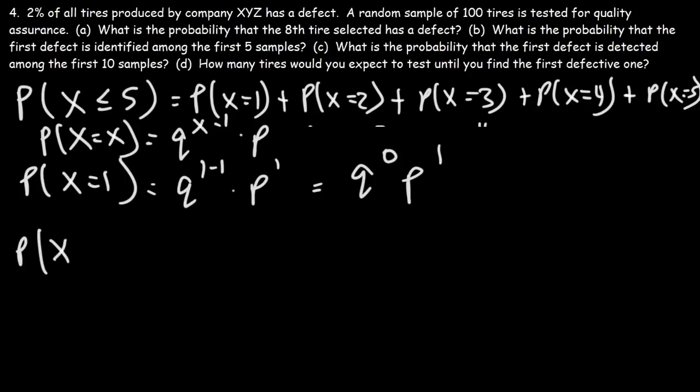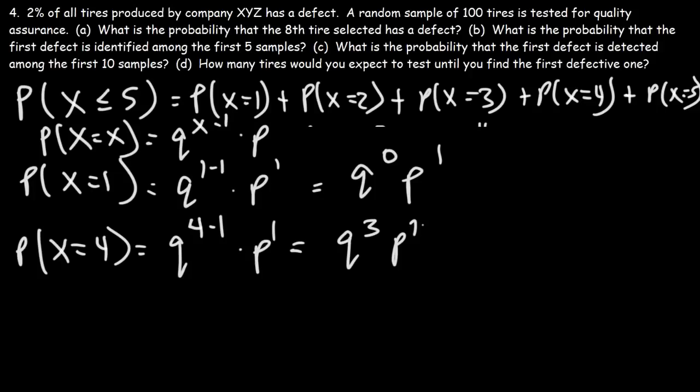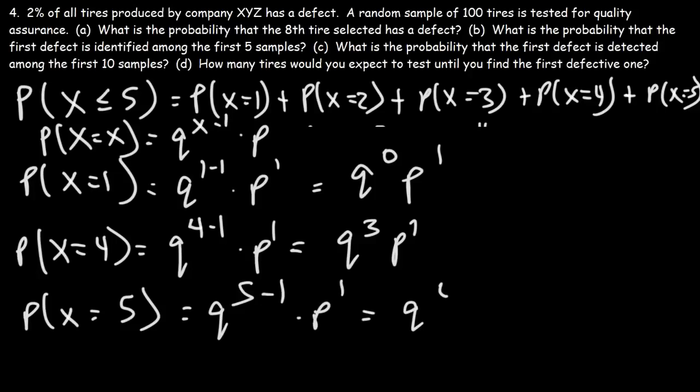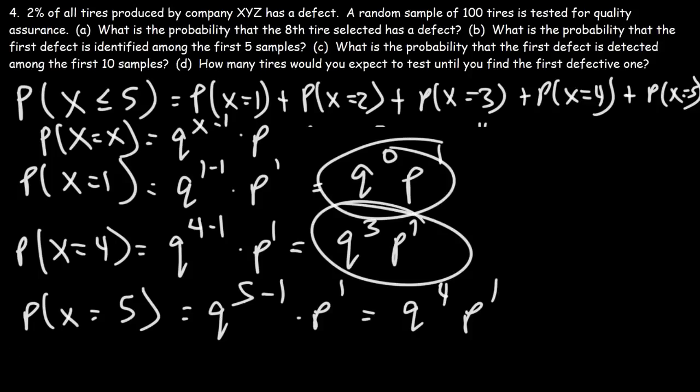When x is 4, this is Q raised to the 4 minus 1 times P to the first power, so you get Q to the 3rd, P to the first. And when x is 5, this is Q to the 5 minus 1 times P to the first power, so it's Q to the 4th, P to the first. Just in case you were confused in terms of how I got these values, it all comes from this formula.